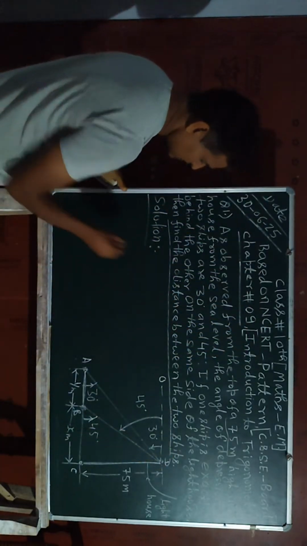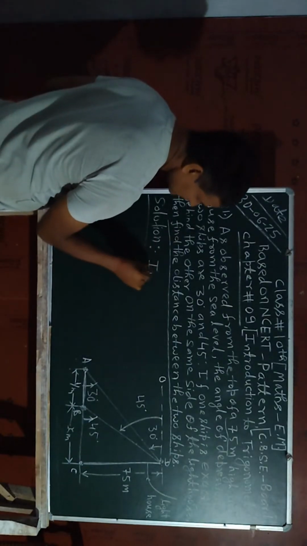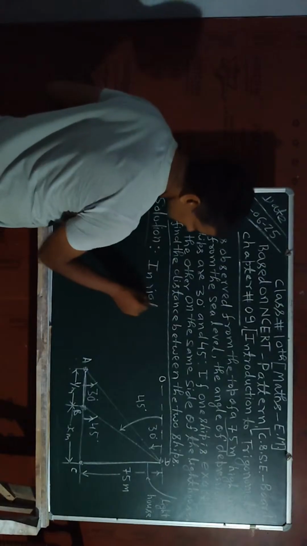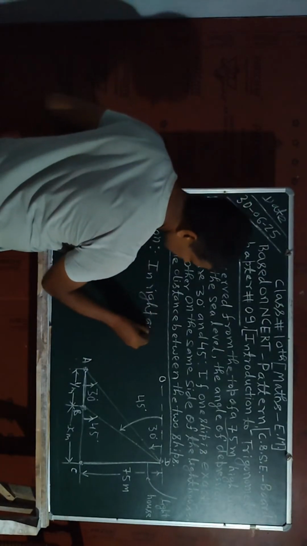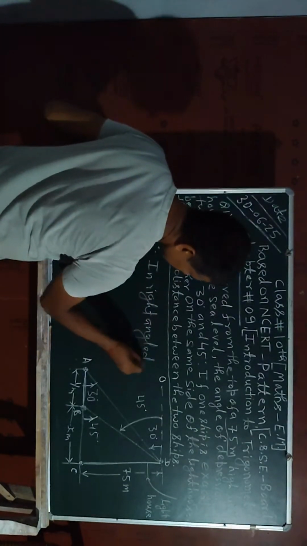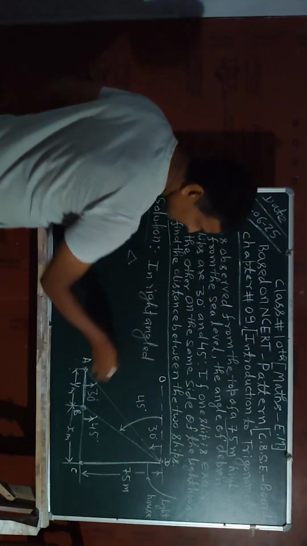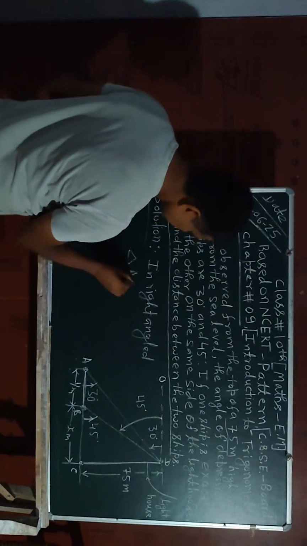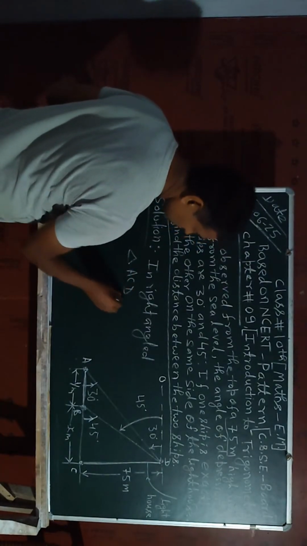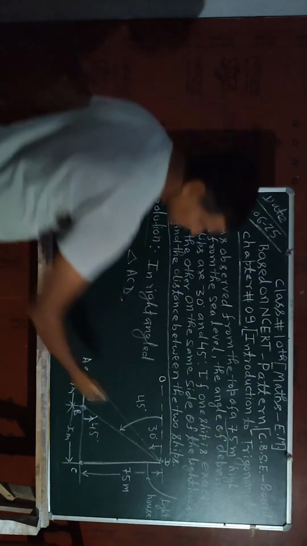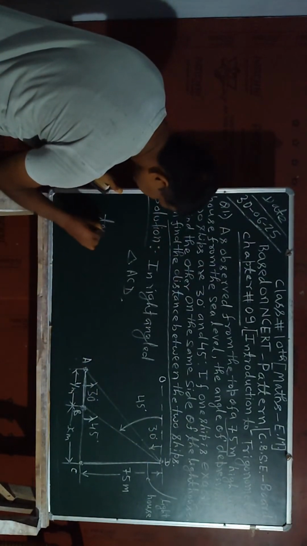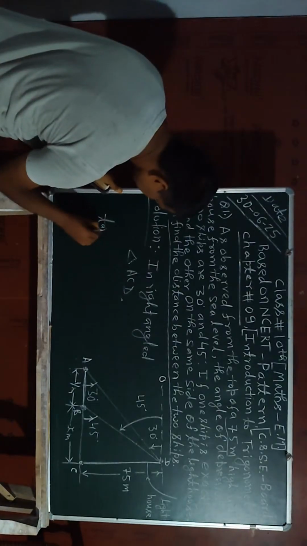Now I am going to write it in a right angle triangle. I will consider ACD. So I can use the trigonometric ratio tan theta. In place of theta I will consider here 30 degrees.